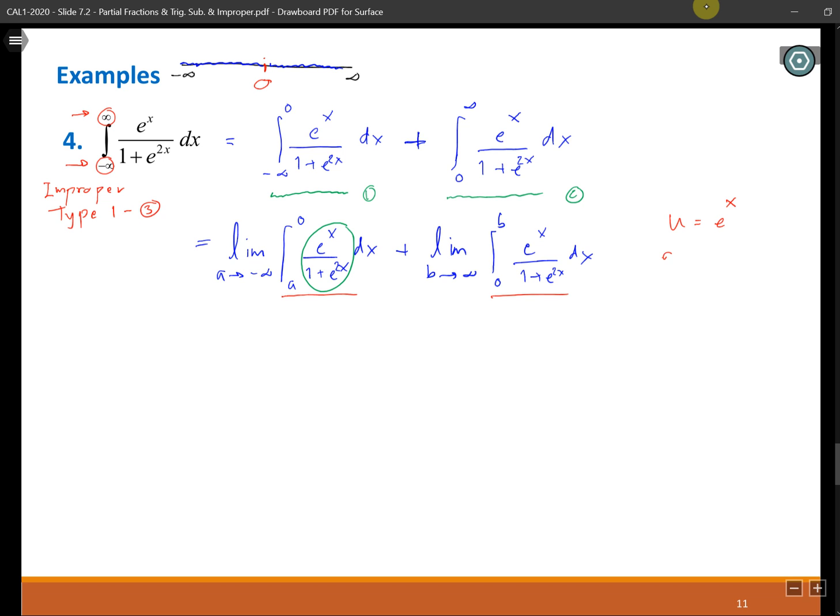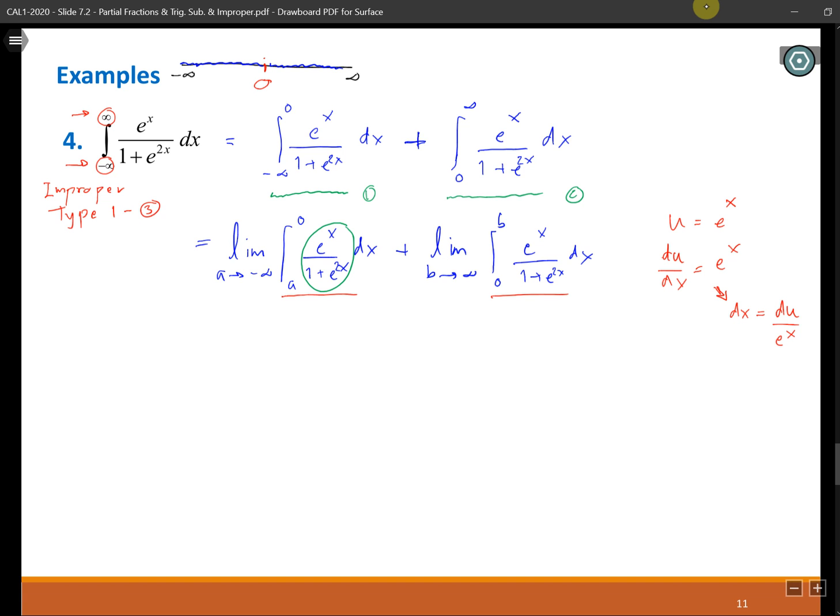Which means that du by dx equals e to the power of x, nothing changes, and this means that dx equals du divided by e to the power of x. And we are going to substitute this into our integrals.